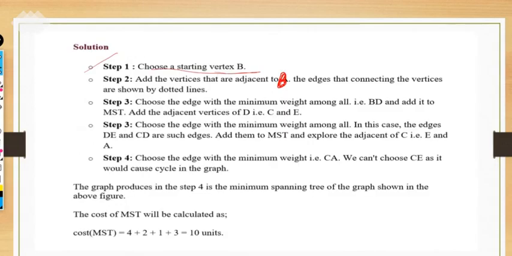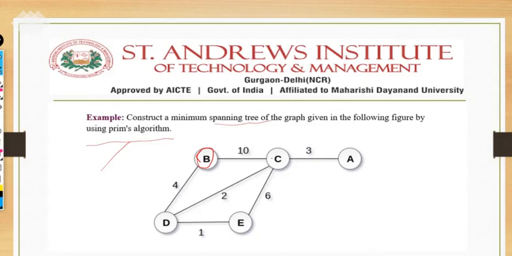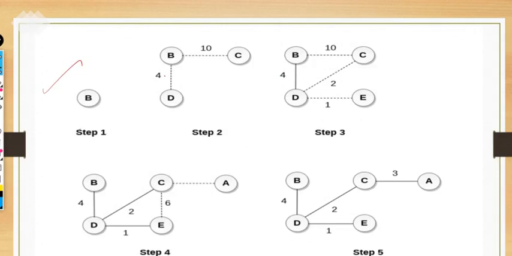So which one do we have to select? We have to select the minimum weight among them. We have BD and BC. Which one has the minimum weight? 4 itself, right? So here 4, 10. So we will select this one. Just highlight this line. Okay, so we are taking 4 and considering it as part of the minimum spanning tree.